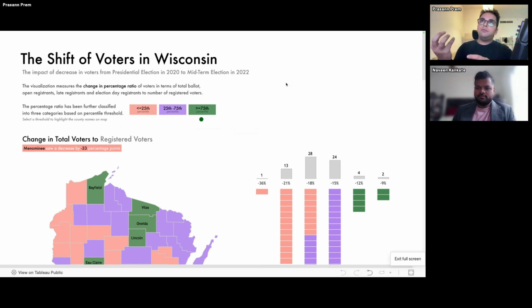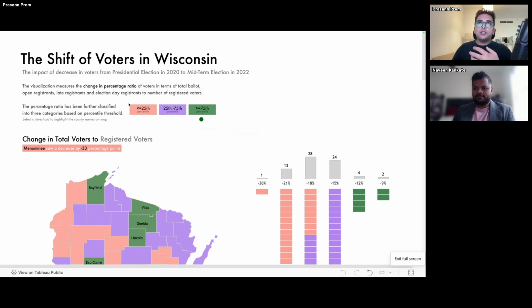With all the different metrics, that is total voters, open registrants, late registrants, and election day registrants, we're taking the ratio with the total number of registered voters, and then we are finally looking at the change in percentage ratio in terms of percentage points.